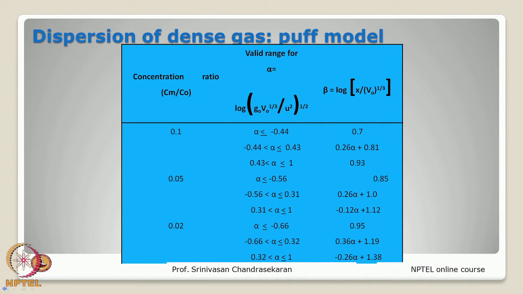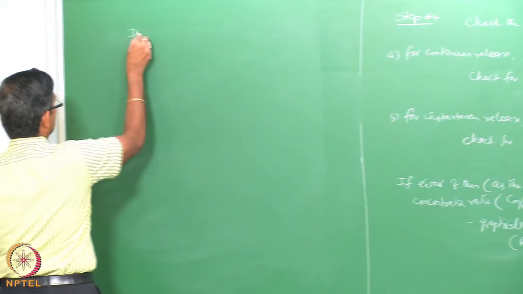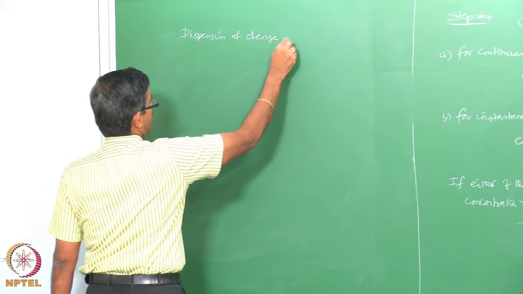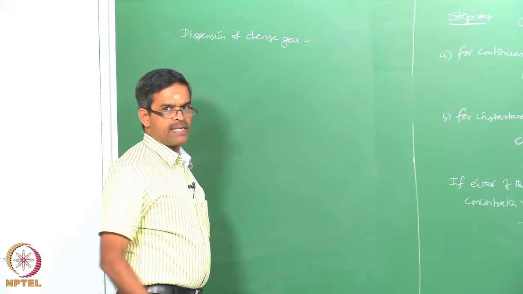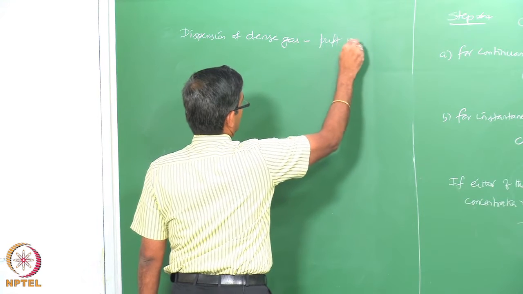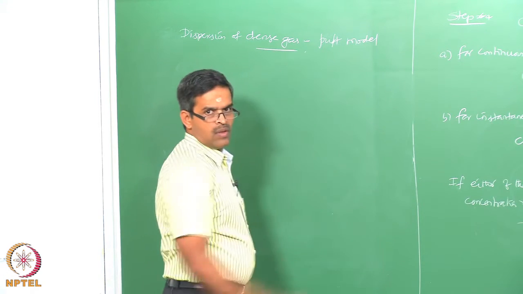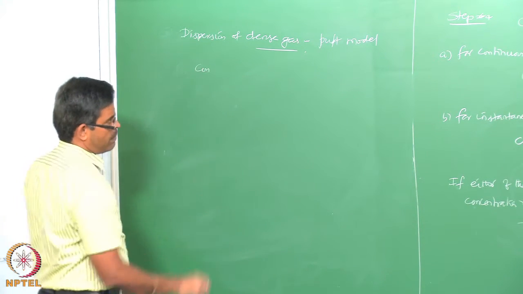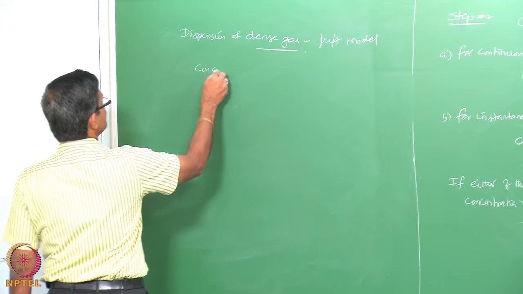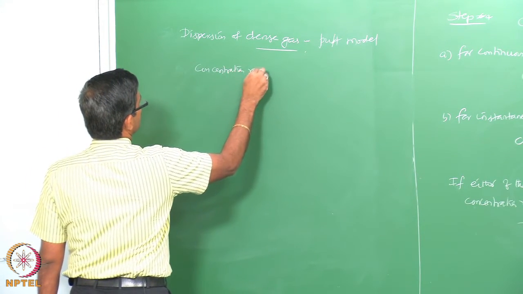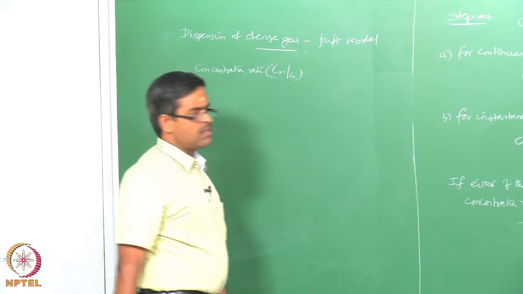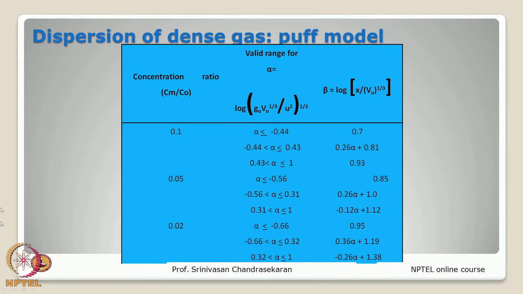Similarly, if you want to consider dispersion of dense gas for an instantaneous release, which is the puff model, one can again use a set of relationships to compute the concentration ratio Cm by C naught by paying attention to the equations given on the screen in tabular form.